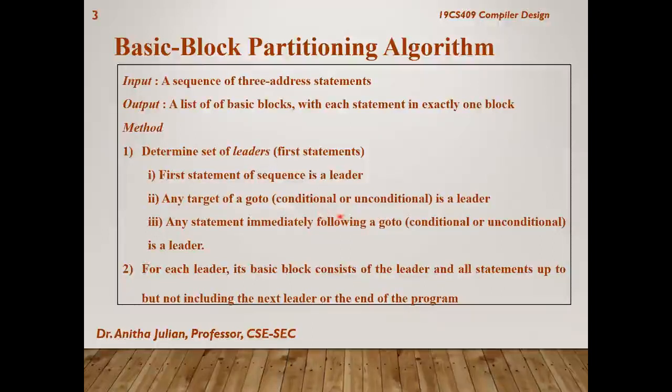So whether it is conditional or unconditional goto, the target of the goto statement will also be a leader. And the third criteria is any statement immediately following a goto statement, again whether it is conditional or unconditional, will be a leader. So these are the 3 criteria with which we determine the set of leaders for the given sequence of 3 address statements.